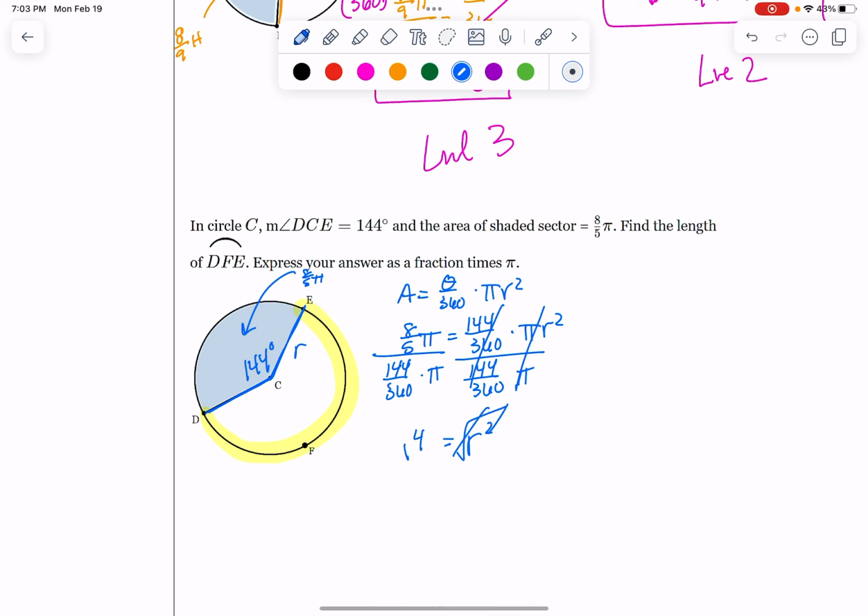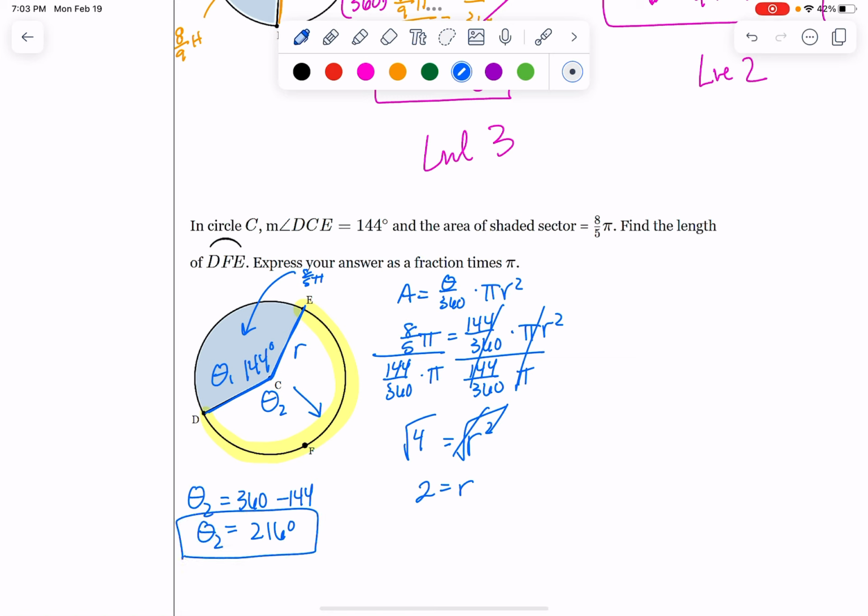Take the square root of both sides, so r is 2. But remember that this was theta 1, and I'm going to need the arc or the angle for this one. So theta 2 is 360 minus 144, which is 216 degrees.